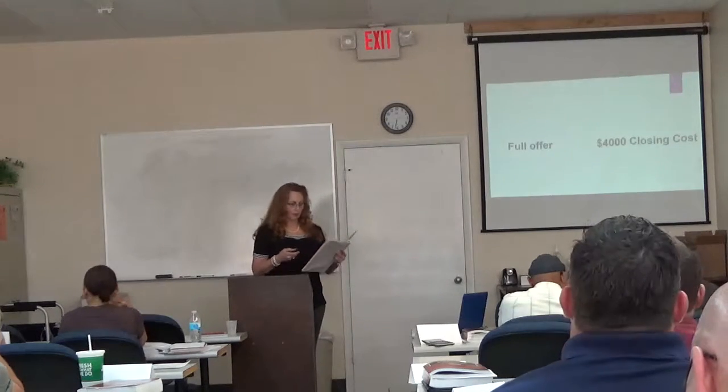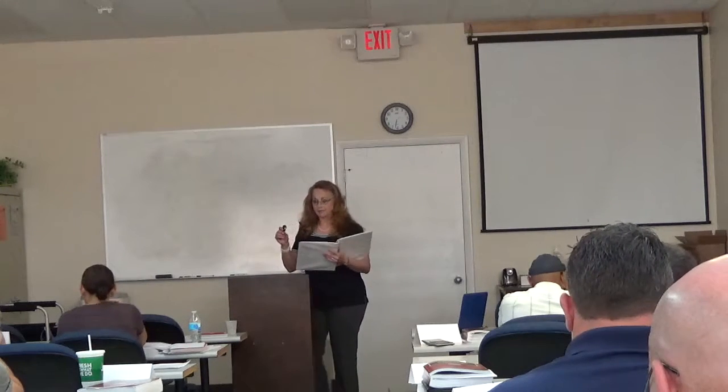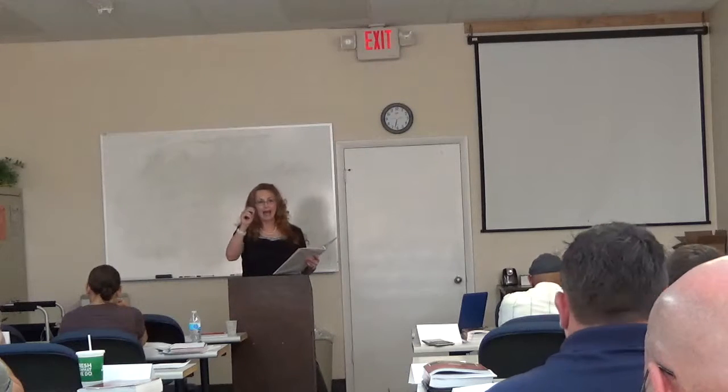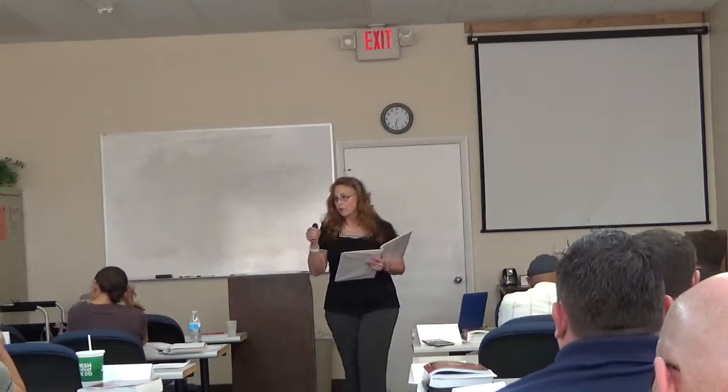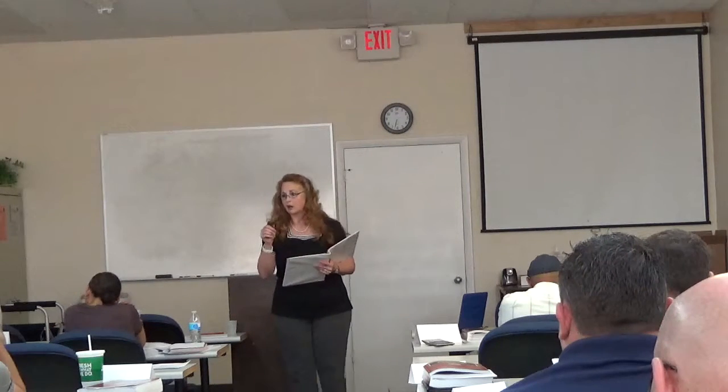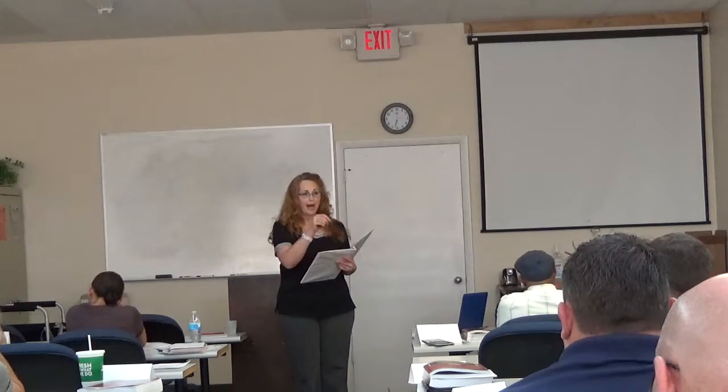Very good. I was about to give something away there by accident. Now the buyers told Betty that they wanted this house, and they expected that the seller would repair the back deck and also repair the door lock. If they would do that, then they will offer full price, but they wanted $4,000 worth of closing costs to be paid for by the seller.